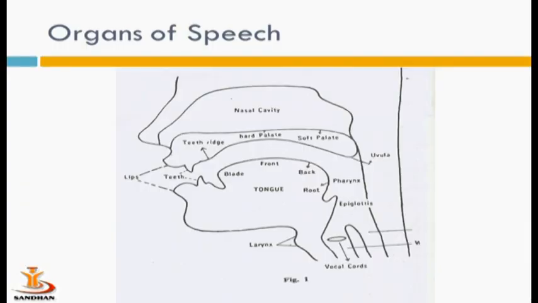How do we create sound? This is a picture of the inside of your mouth. If you stand in front of the mirror and look at your face, look at your mouth in particular, you can see your lips, you can see your teeth, you can see your tongue.